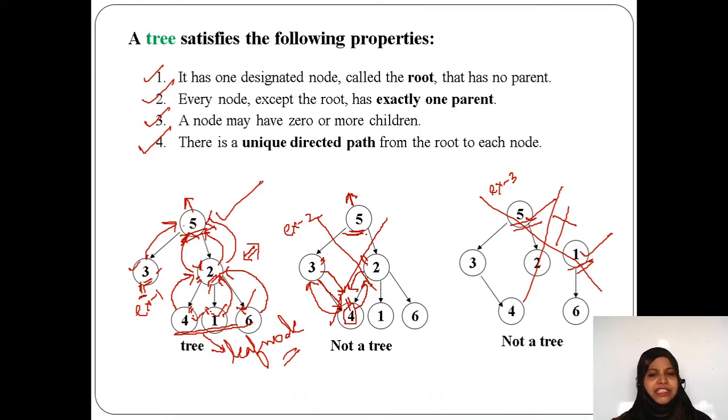Third one is every node may have 0 or more children. Fourth one is there is a unique directed path from the root node to each node. We must have only one path from the leaf node to its root node. See here in this example, this is the perfect example of a tree. Why? Because it is satisfying these 4 properties.